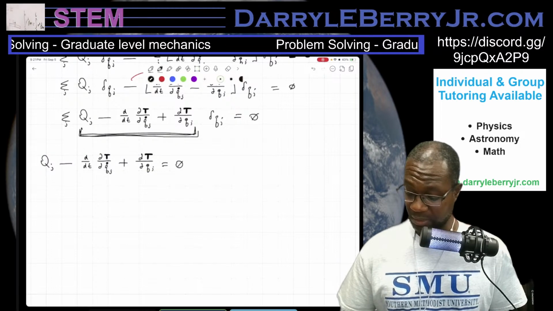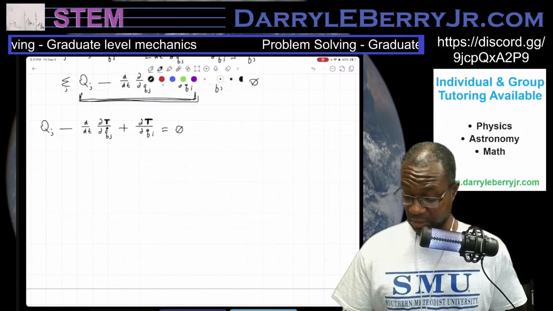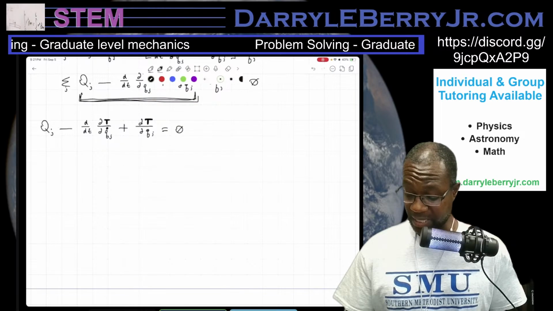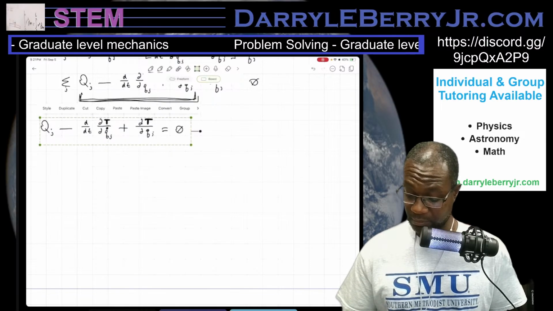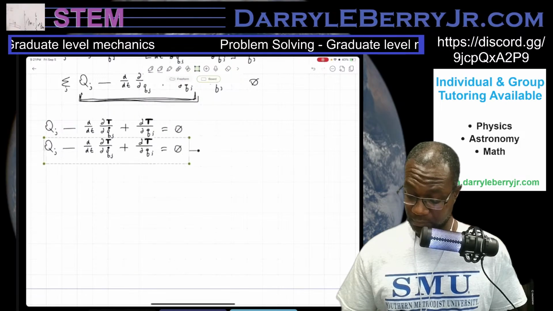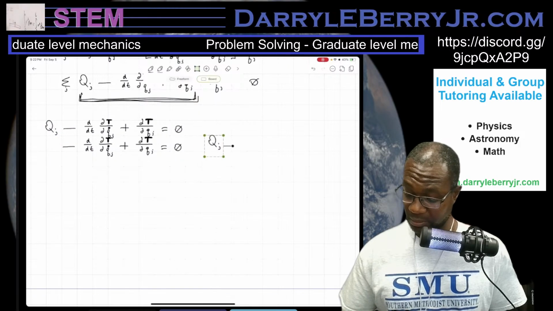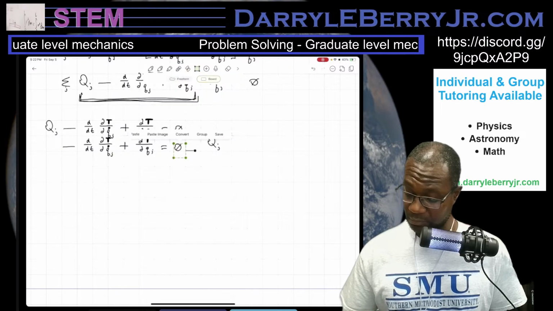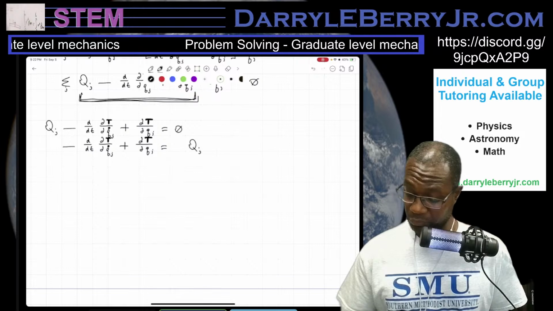So I can set this equal to 0 if I bring my q to the other side. I'm going to subtract q from both sides, and end up with q over here. And there's a negative on the q over here.